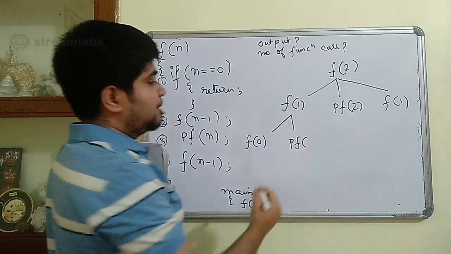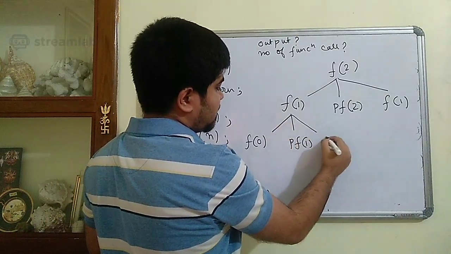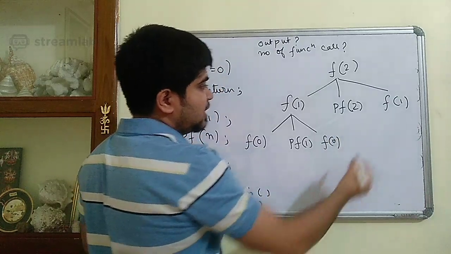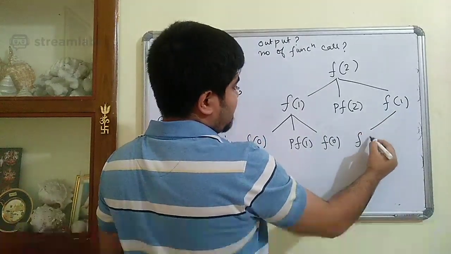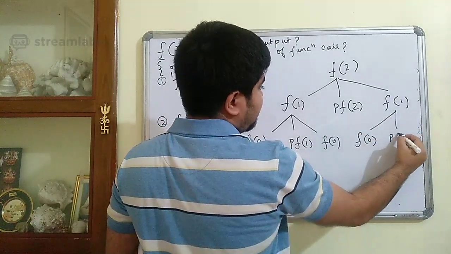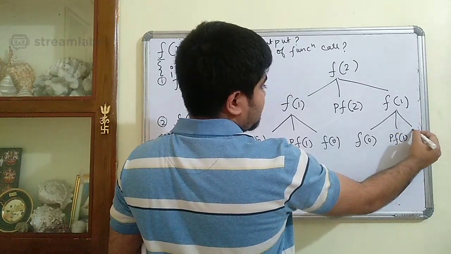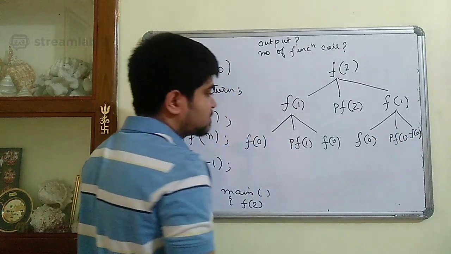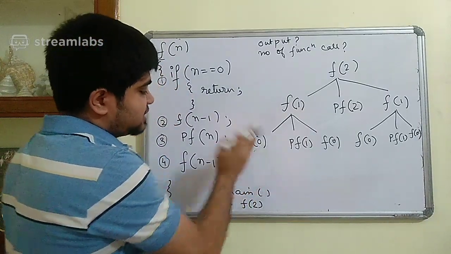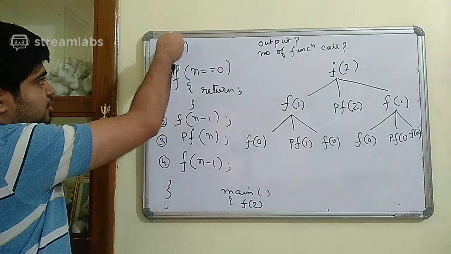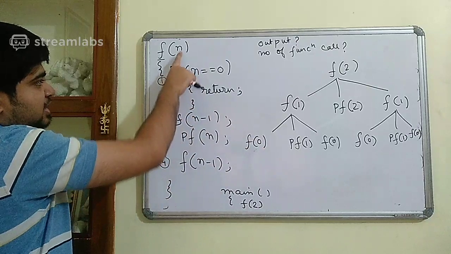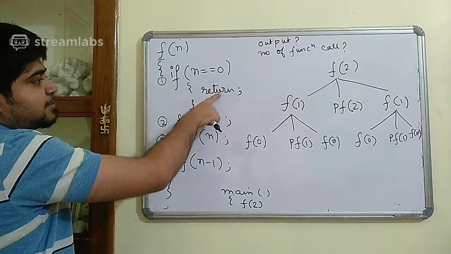Printf 1, f of 0. Again for this one, f of 0, printf 1, f of 0. When f of 0 is actually called, n is equal to 0. If n equal to 0, simply return.